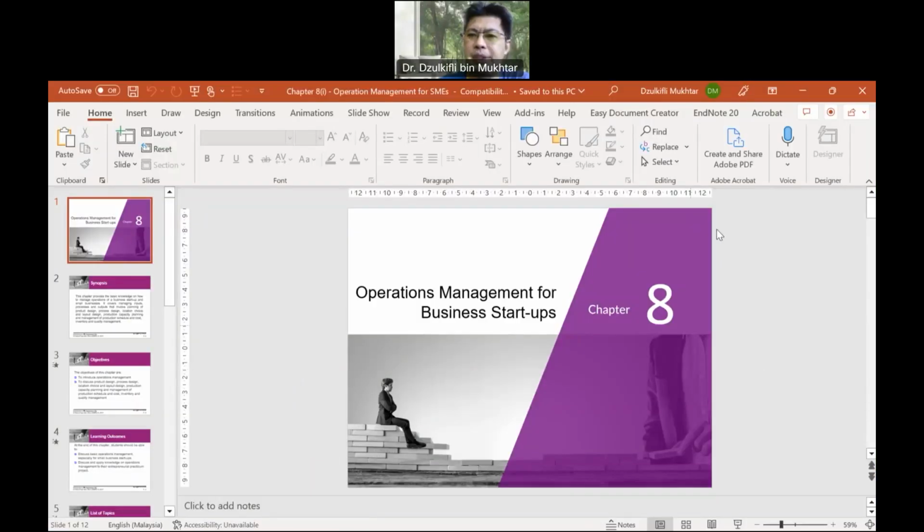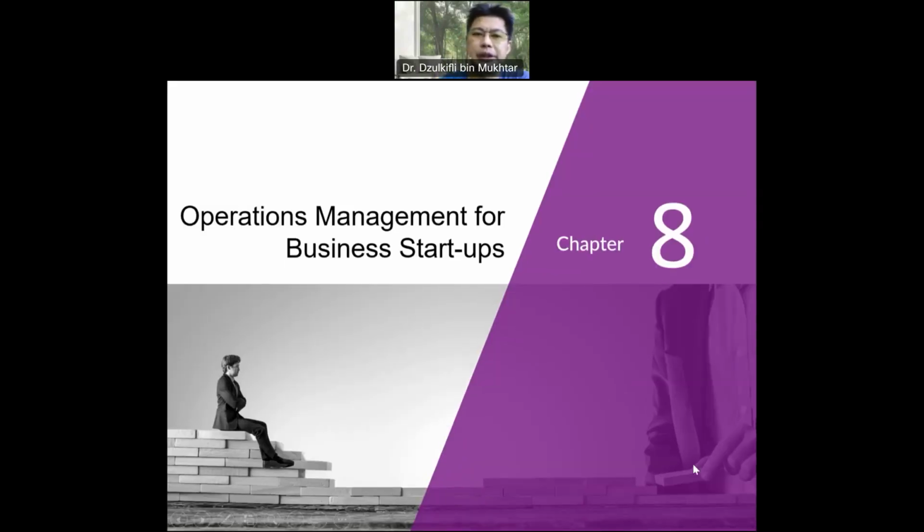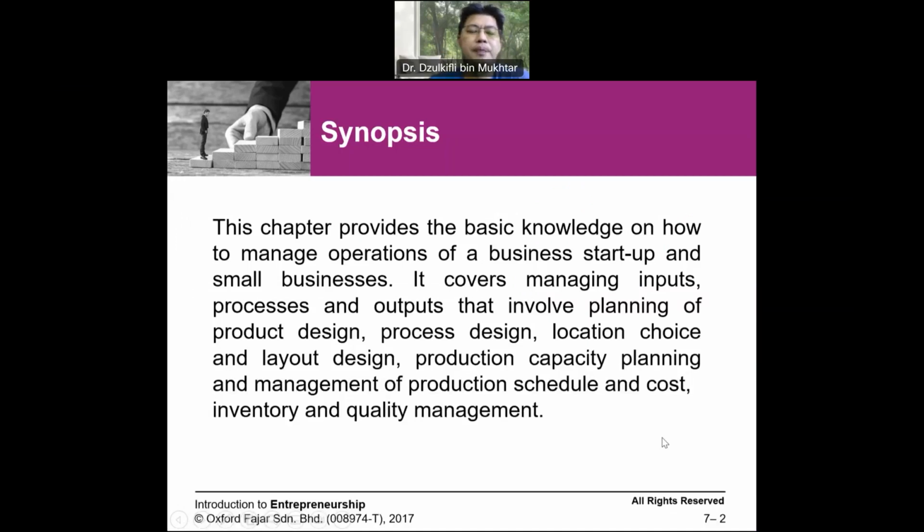Okey, maaf saya. Topik hari ini adalah mengenai operation management for business startup. I think we're done with the marketing. So this is the topic for this week. This chapter provides the basic knowledge on how to manage operation of a business startup and small businesses.